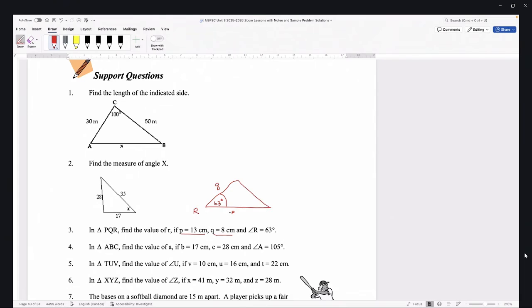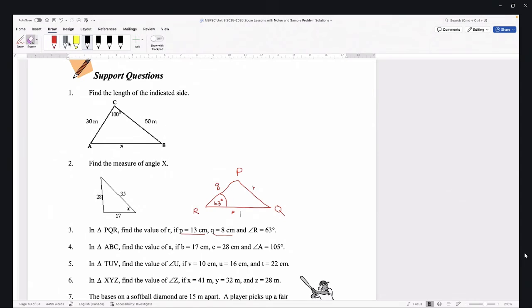So this is PQ, this would be side R. Opposite side Q would be angle Q, and opposite side P would be angle P. So there's my triangle PQR. I'm going to change the color for now. P is 16. No, sorry. P is 13.